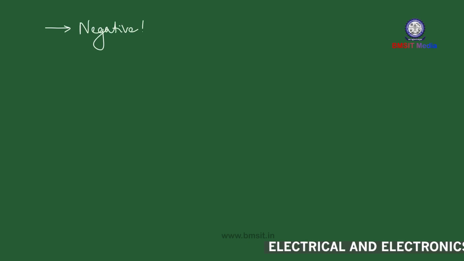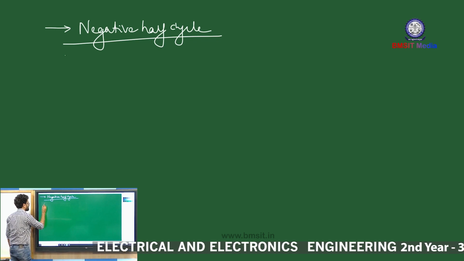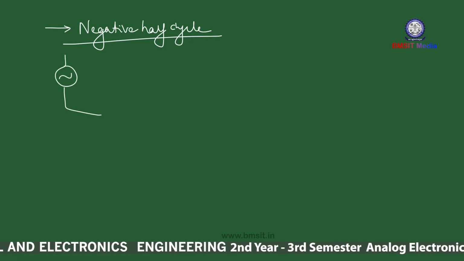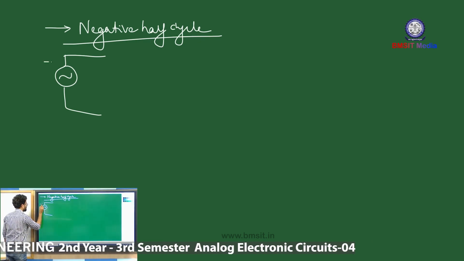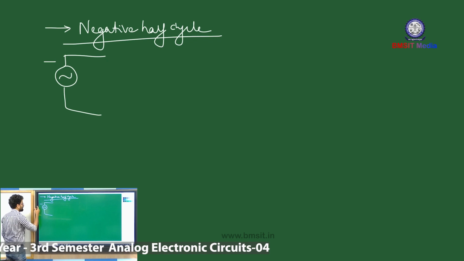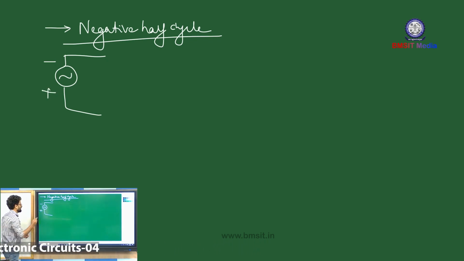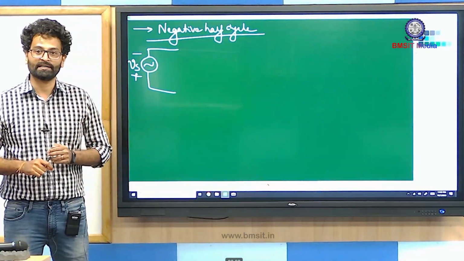Alright, so now let us look into the negative half cycle. In the negative half cycle, the polarity of the source changes. The upper side of the source attains negative polarity and the lower side attains positive polarity, because your source is a bidirectional one. In every half cycle, the polarity changes.